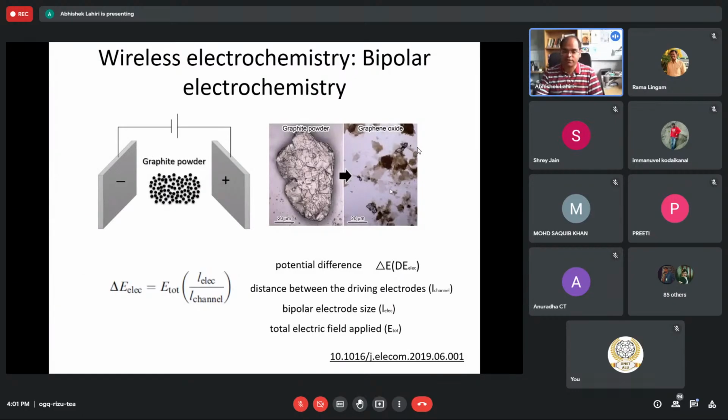There will be very few impurities in the graphite. Of course, there are lots of parameters which the wireless electrochemistry depends on, which is given by this equation over here, which is delta E electrode is equal to E total into I of the electrode.